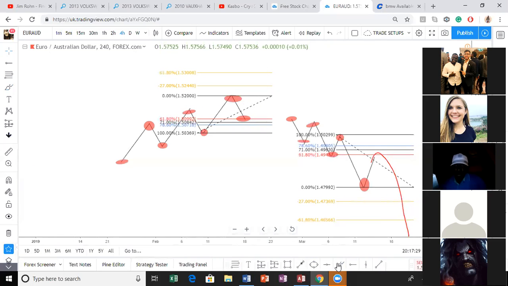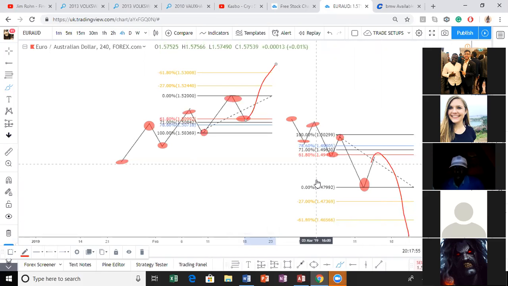Mostly what ends up happening is that it wicks 61.8 and it goes up, because we are trying to go with the trend. They will tell you that the trend is your friend. You do not try to sell it when it's on an uptrend. Always find ways and means to buy it when it's on an uptrend. On a downtrend, always find ways and means to sell it.